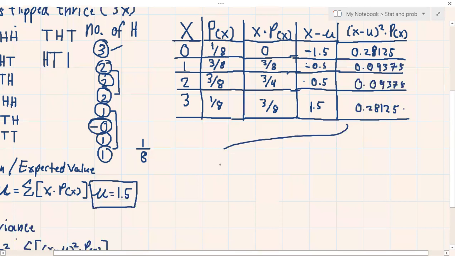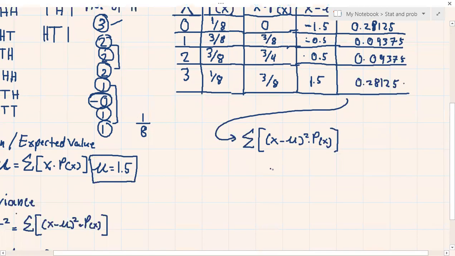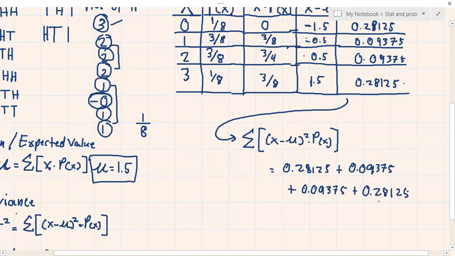Ngayon, what we're going to do now is we will get the sum of the fifth column. Kasi ito, if you're going to get the sum of the square of x minus the mean times p of x, you will get the variance. So in here, magiging 0.28125 plus 0.09375 plus 0.09375 plus 0.28125.